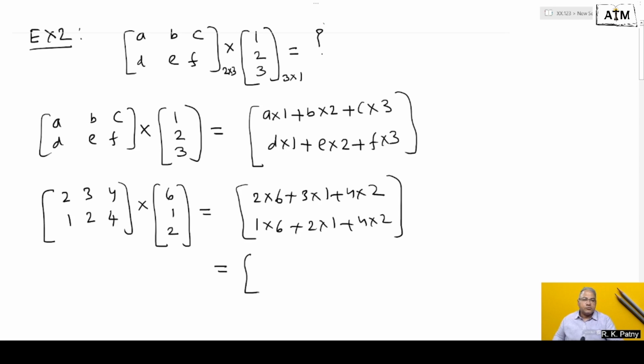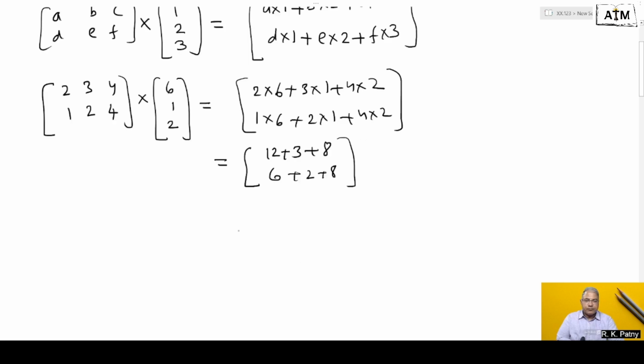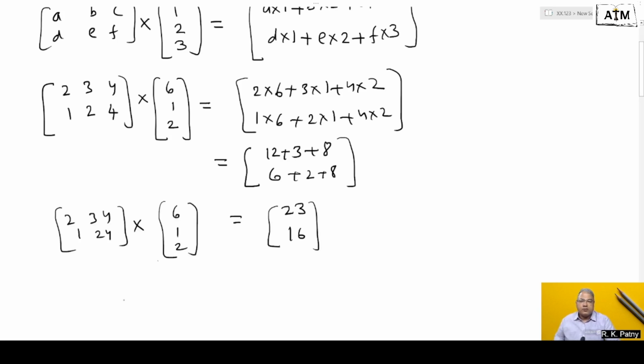This is equals to 12 plus 3 plus 8, 6 plus 2 plus 8, equals to 23 and 16. Therefore, when these two matrices are multiplied, the result is 2 rows and 1 column, a 2 by 1 matrix, which we got here.